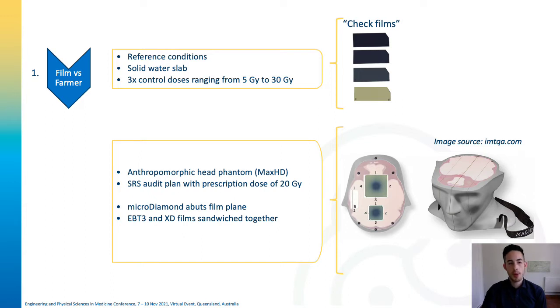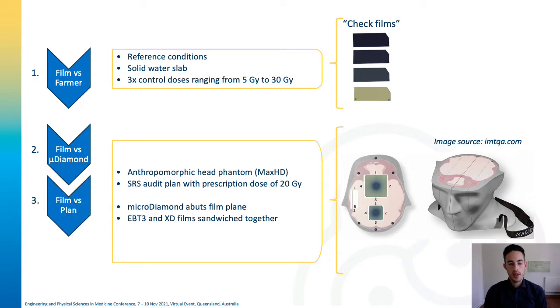We're also able to abut a microDiamond detector to the film plane. So the second experiment compared the film measured doses to the microDiamond measured dose. The third experiment compared the film measured dose to the RT plan dose, and the final experiment is a head-to-head comparison between the EBT3 and XD measured doses.